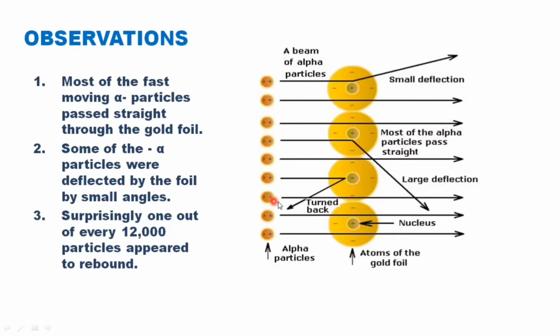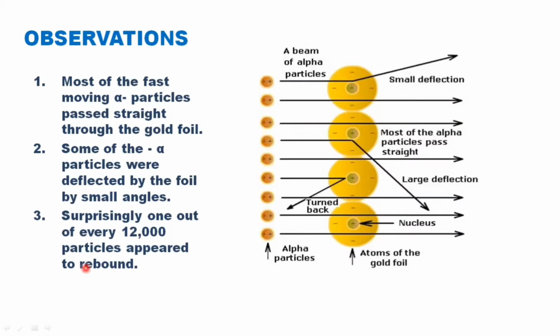So in this way, most of the fast moving alpha particles passed straight through the gold foil. Some of the alpha particles were deflected by the foil by small angles. As you can see here, this is the example of an alpha particle moving with small deflection through the gold atom.